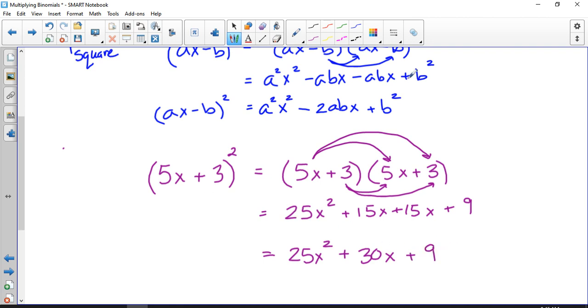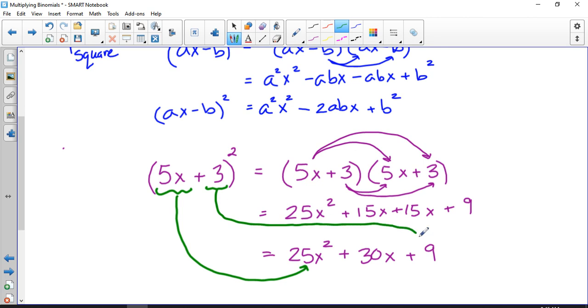Let's take a look at how all of these numbers came to be. We took 5x and squared it, and we end up getting 25x squared. When we take positive 3 and square it, we end up getting positive 9. Now to get the middle term, we have to do 5x multiplied by 3 multiplied by 2. That's the rule. So 5x times 3 is 15x, times 2 is 30x.